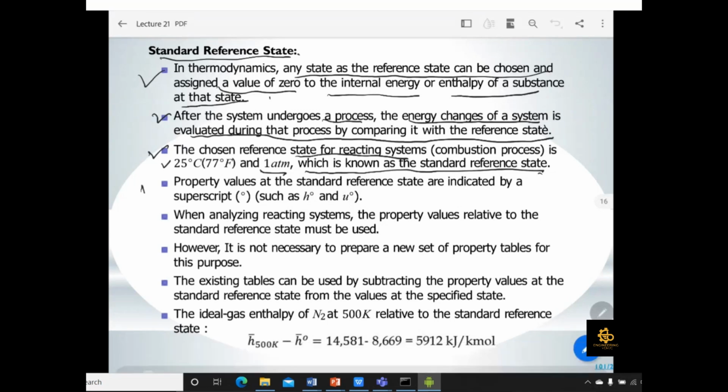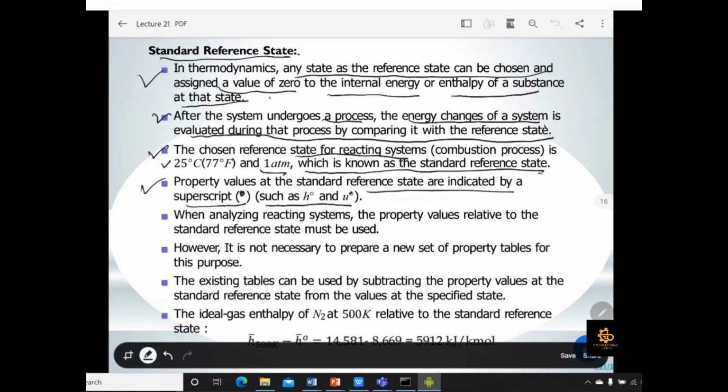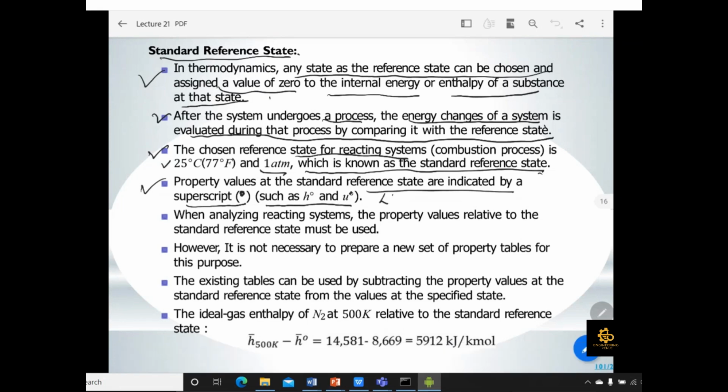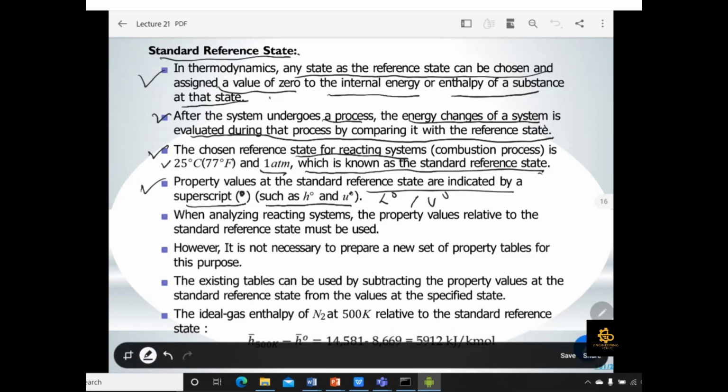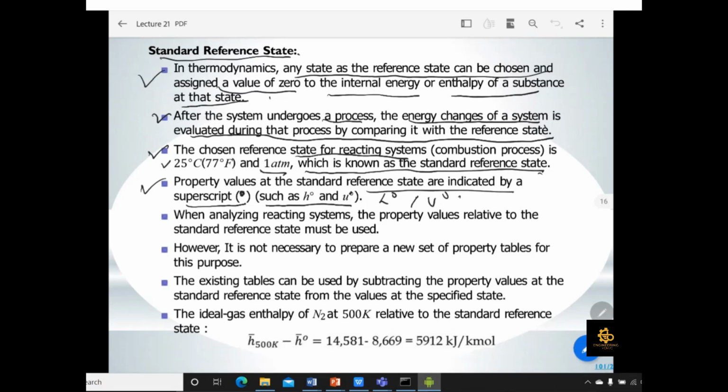The property values at the standard reference state are indicated by a superscript small o, such as H° and U°. So if we mention H naught or U naught, it means we are talking about the standard reference state, at 25 degrees Celsius and 1 atmospheric pressure.